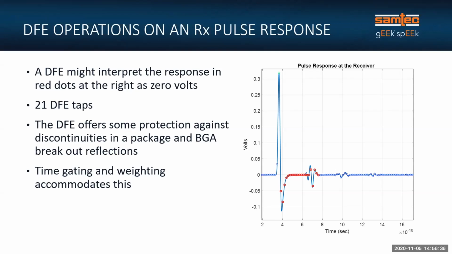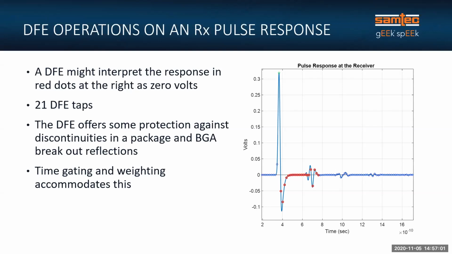Notice the red dots, and by the way, the green dot at the top is basically the signal. You can subtract all of the dots from the main cursor dot, statistically using convolution, to figure out what the eye height would be, but you're not going to include the red dots. Ooh, that's interesting.